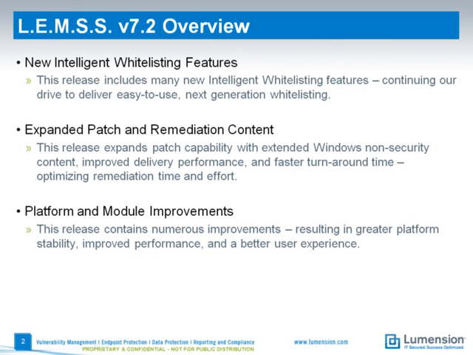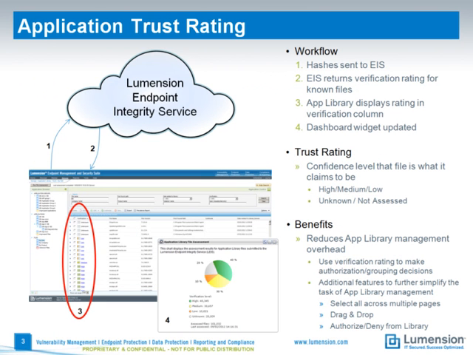Thanks, Chris. So I'm going to demonstrate some of the new features in 7.2, but first I'm going to give you an overview of a couple of the key features, starting with the LEMSS Endpoint Integrity Service integration. This is a really exciting development. We've been working on the LEMSS Endpoint Integrity Service and the Application Control feature.